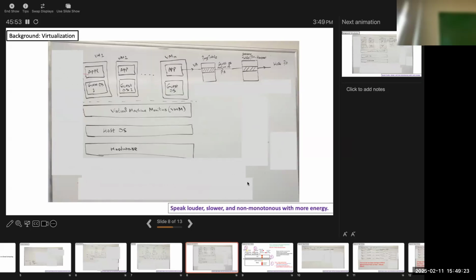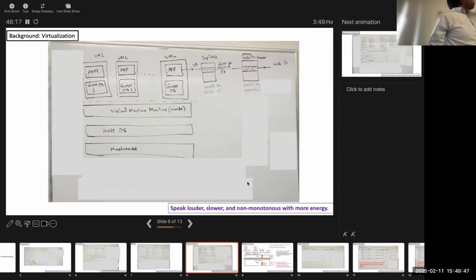Now, when you access the table, you make a first memory access, and then you make another memory access. And memory access is always expensive, right? So it slows down your application.